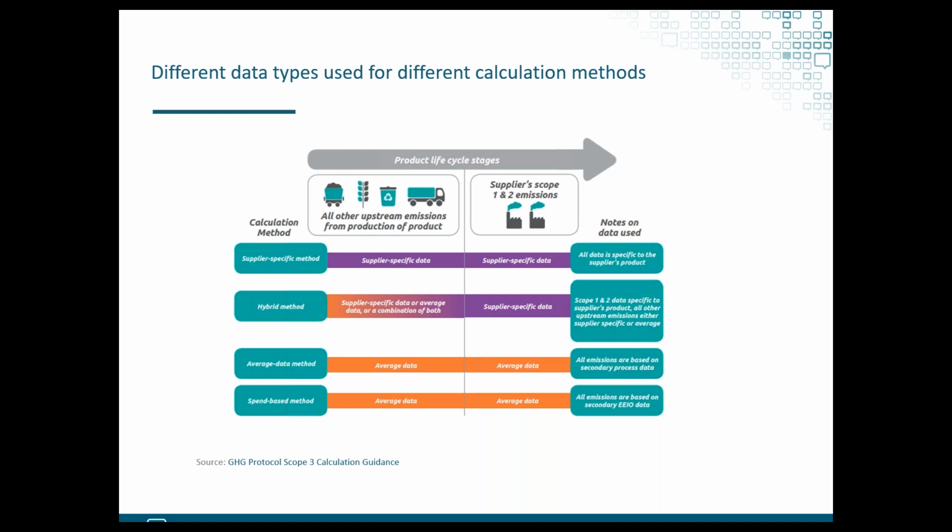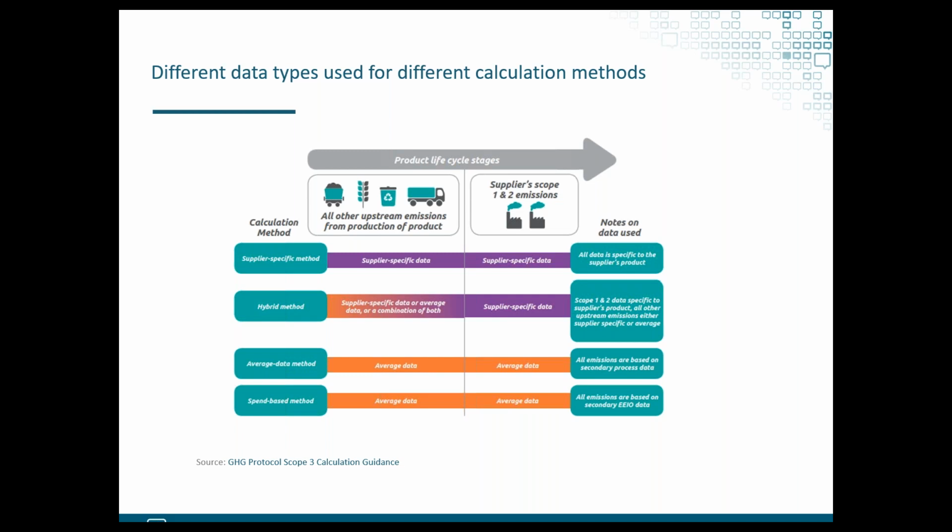So the aim of the emissions screening is to inform the supplier engagement process. The supplier engagement process, in turn, is designed to inform the data capture and calculation process. So the GHG protocol outlines multiple calculation methods. In general, more specific methods yield higher quality Scope 3 emissions data, whereas less specific methods yield lower quality Scope 3 emissions data. It doesn't always work that way, but typically it does.